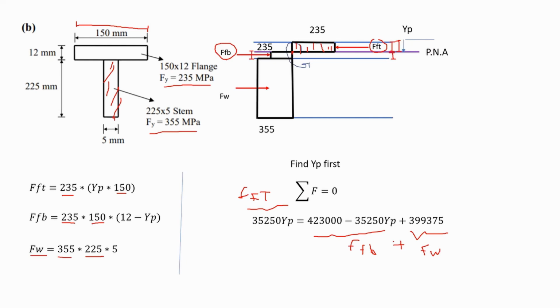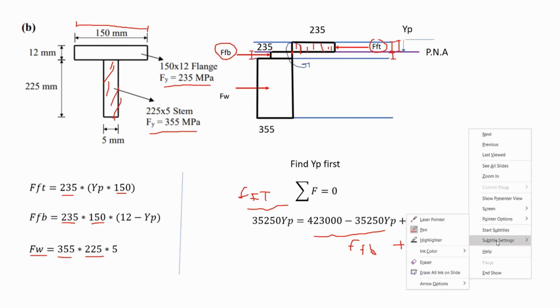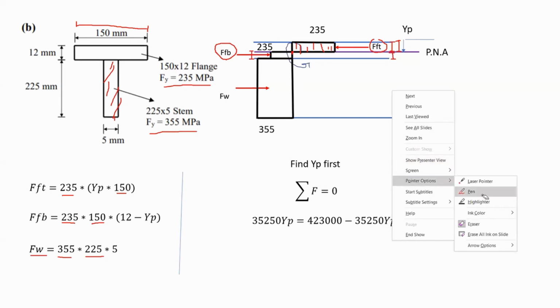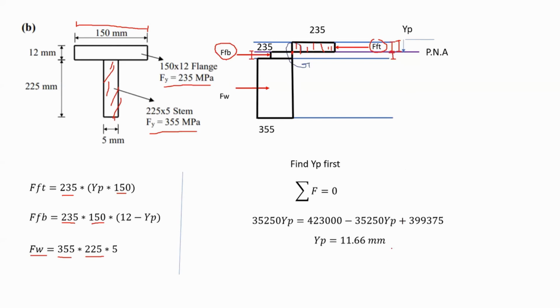Now I have all the forces set in the equation. I will go and calculate Yp. As you can see here, there is only one unknown in my equation, which is Yp. If you calculate Yp, it appears to be 11.66 millimeters.